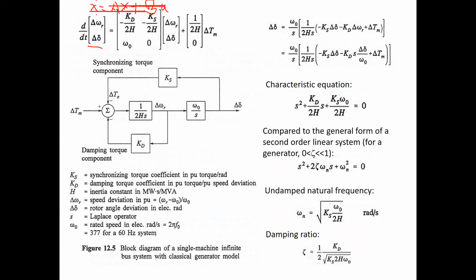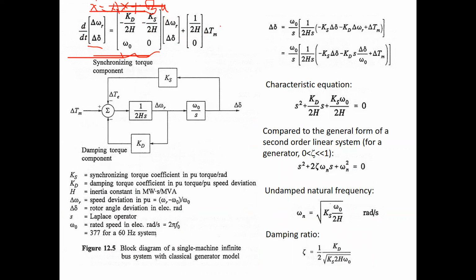So this is x dot, this is the A matrix, then x, plus B, and this is the u here.